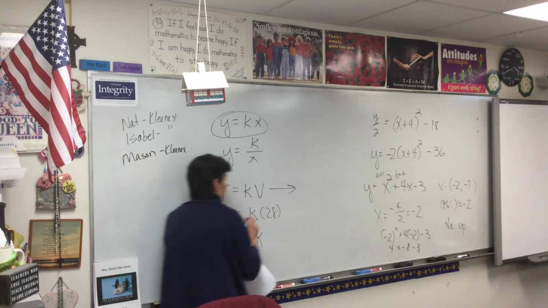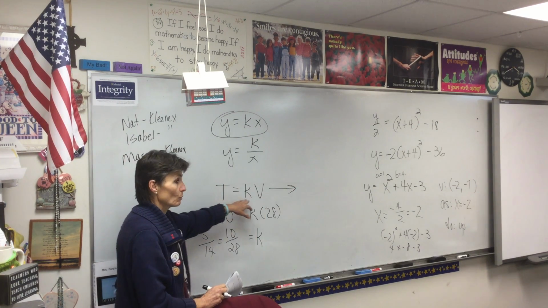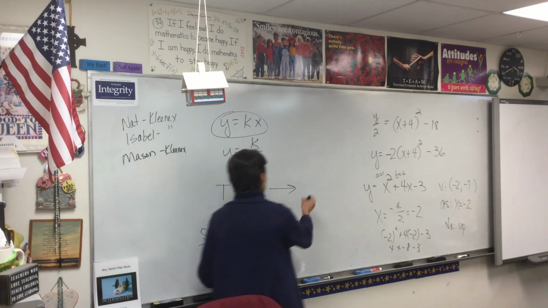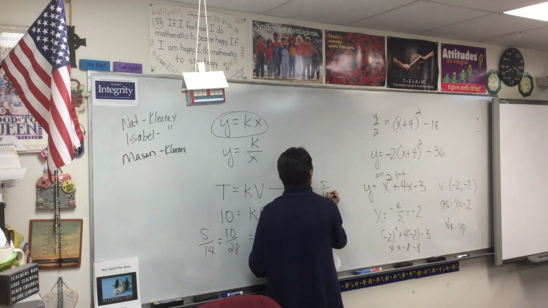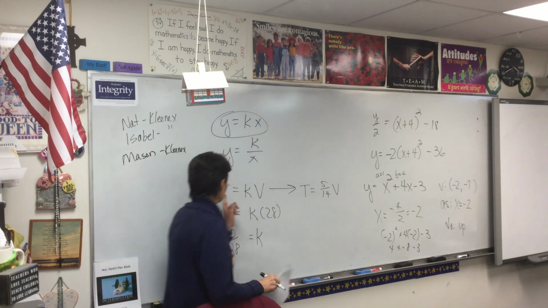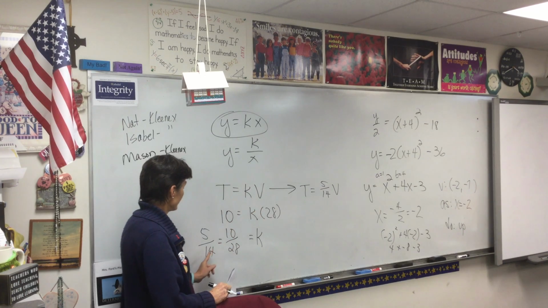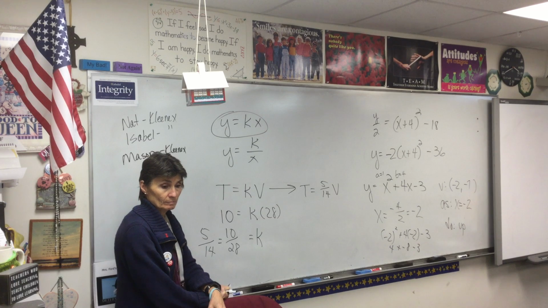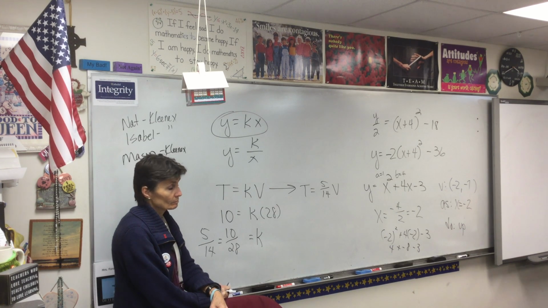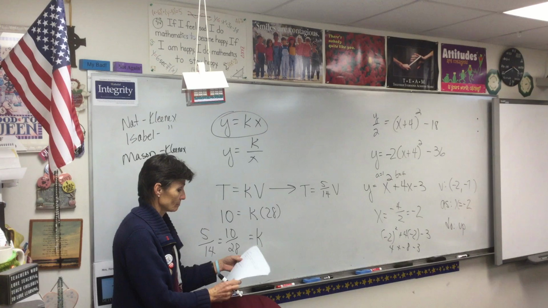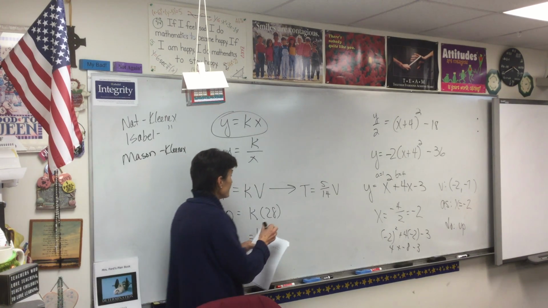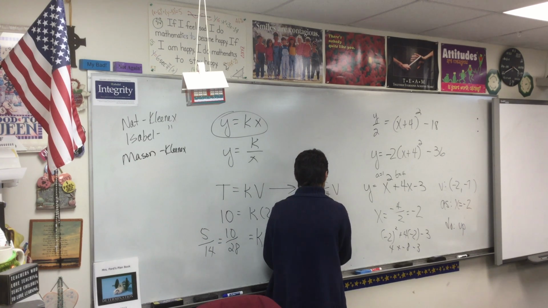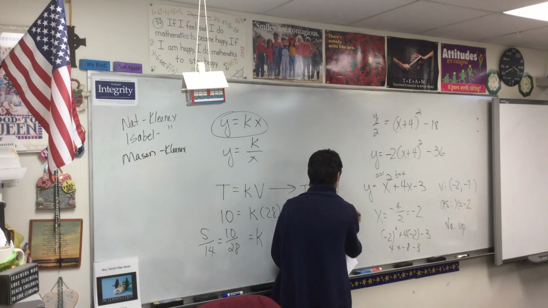My equation then, that started out as T equals KV, I now know what K is. So T equals 5/14 V. Find the temperature when the volume is 50.